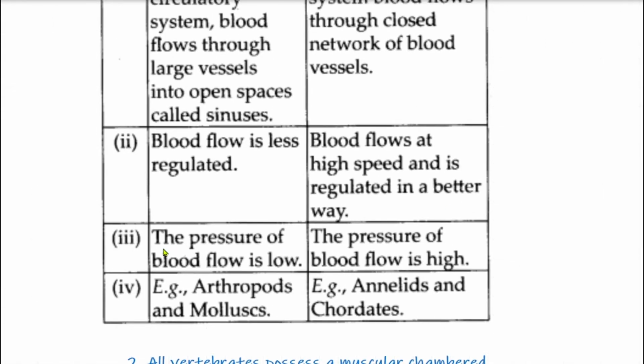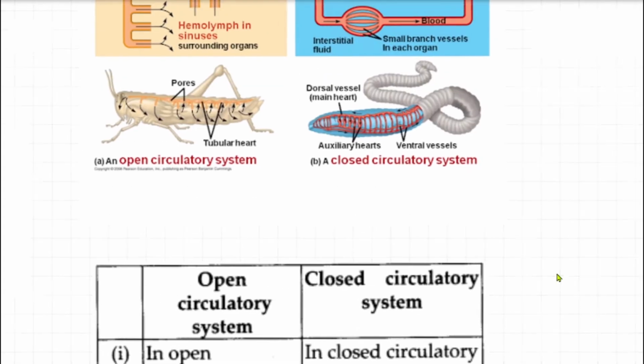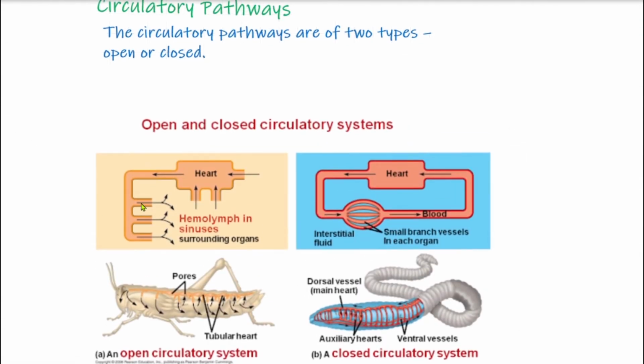Now, third, in open circulatory system the pressure of blood flow is low, whereas in closed circulatory system, pressure of blood flow is high. In open circulatory system, as the blood is draining into the cavities, the pumping of the heart is not able to produce enough pressure of blood inside these blood vessels.